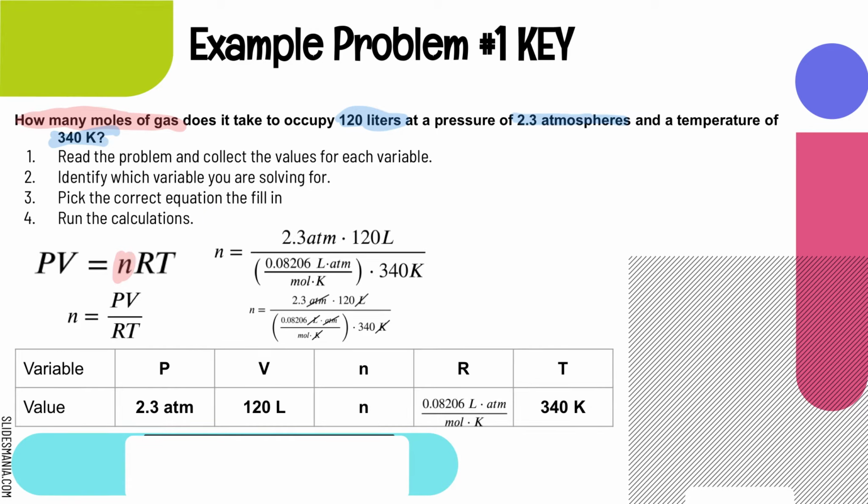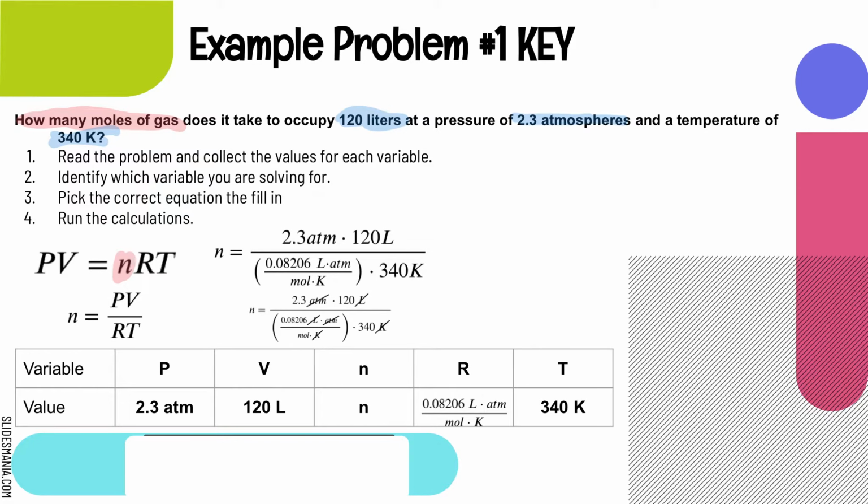My N is equal to 2.3, my pressure, times 120 liters, divided by 0.08206 liters times atmosphere, divided by mole Kelvin, times 340.